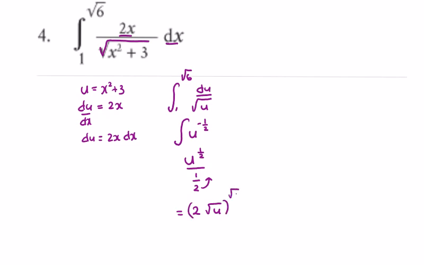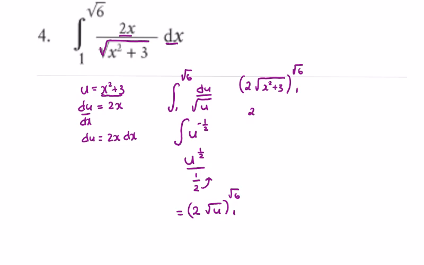between root 6 and 1. And the square root of u is the square root of x squared plus 3, so we have 2 times the square root of x squared plus 3 between root 6 and 1 is going to be twice.